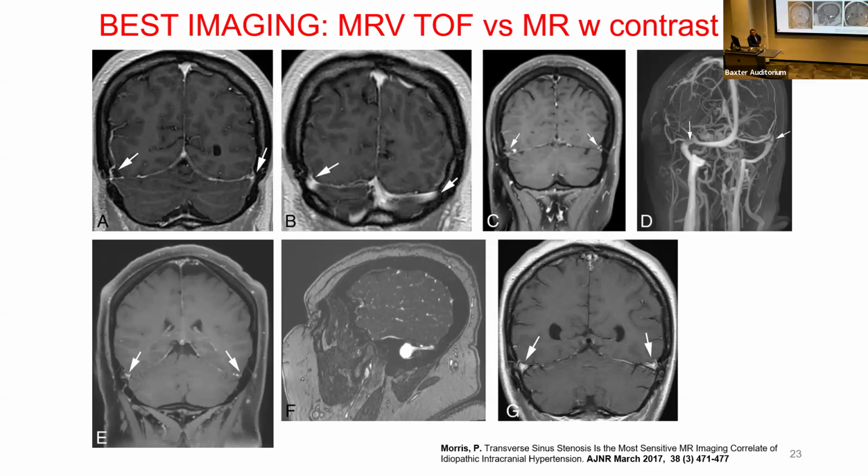CTV is good, but the problem with our CTAs is that we have monophasic CTAs. So sometimes you only see arteries and you don't see veins at all. Sometimes it's the opposite. You have a code stroke and all the sequences are on the veins, and you see a lot of contamination, and you don't know if it's arteries or veins.